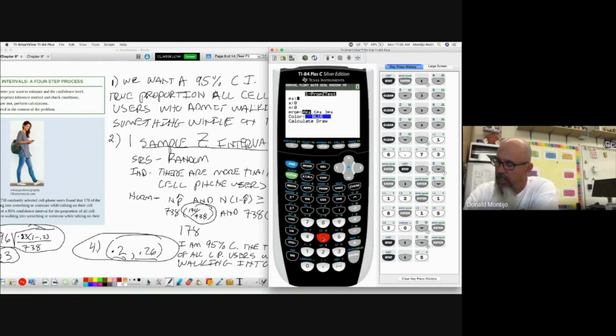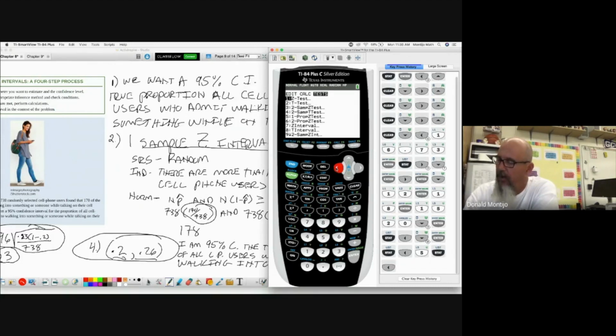Darn it, this is not a test. Man, I'm struggling here, guys. Sorry, I'm not running tests. I'm making an interval. So I need to go down until I see one sample Z interval, two sample, one prop Z int. Okay. I want a one proportion Z interval.